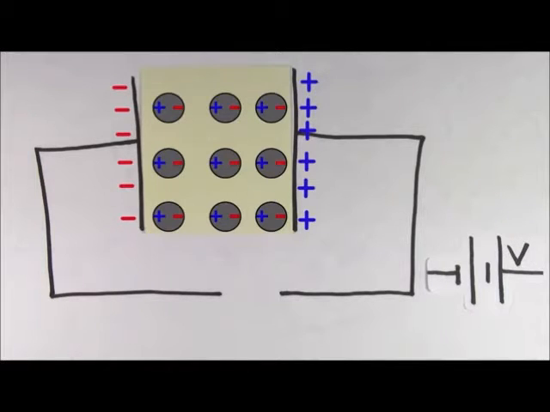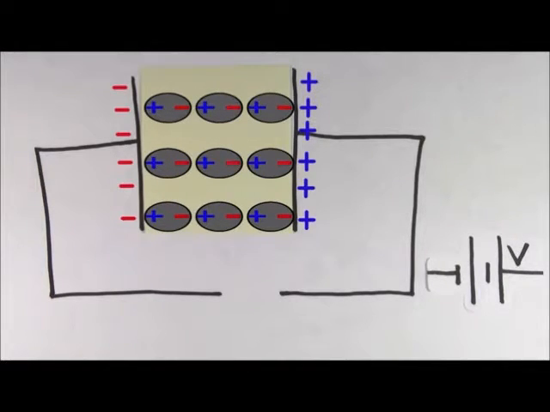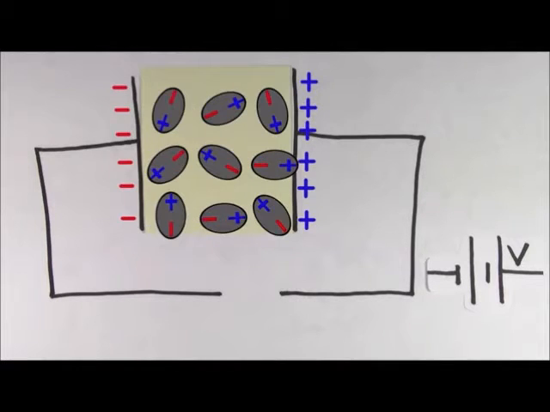To put it another way, the atom kind of stretches and one end becomes overall negative and the other end becomes overall positive. It's also possible that the dielectric material started off polarized because some molecules are just naturally polarized, like water.